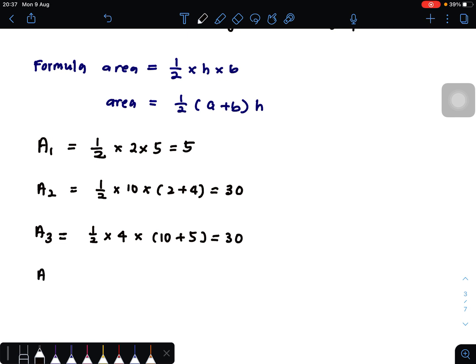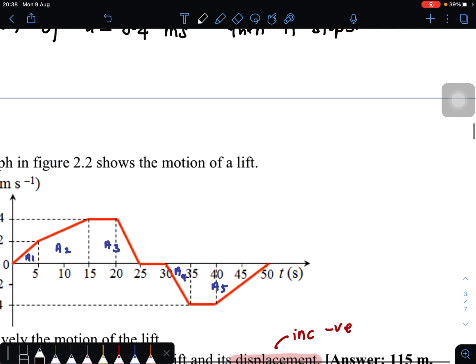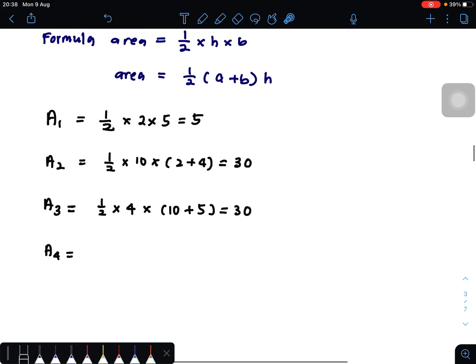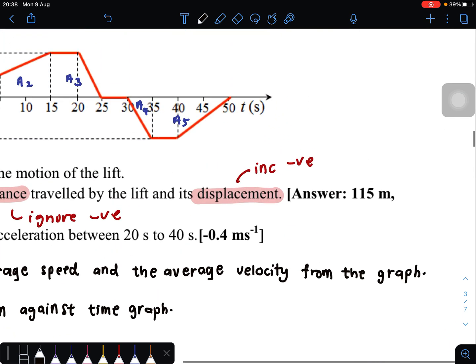And then A4, which is here, is another triangle. So 1/2 times 5 times 4 is equal to 10. And then the last one, A5, is another trapezium.